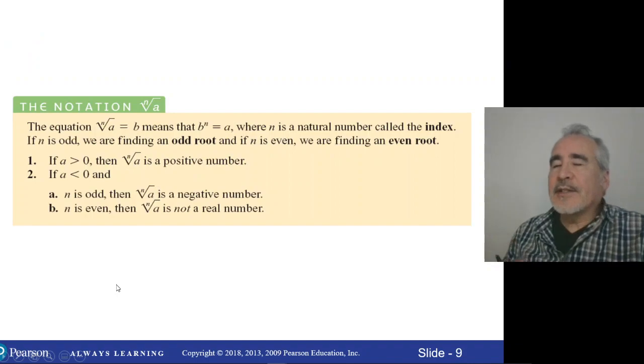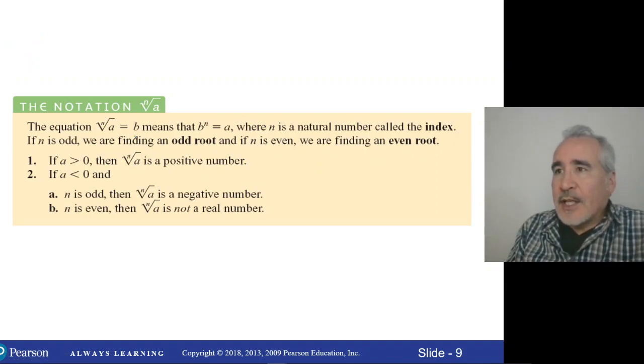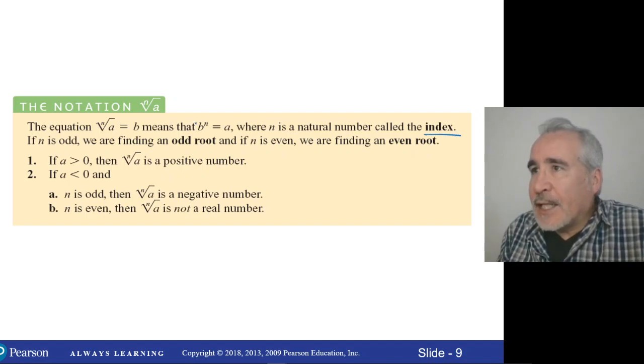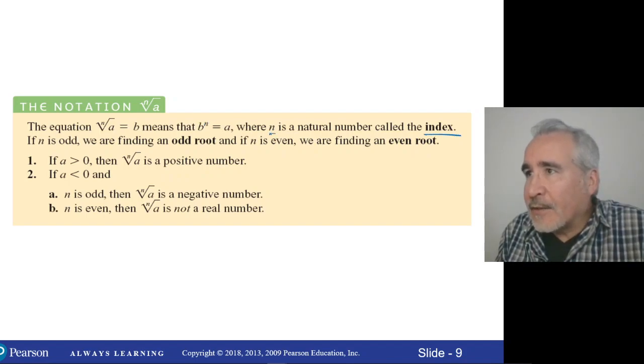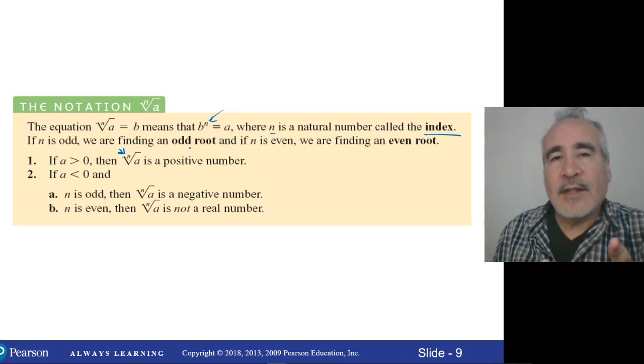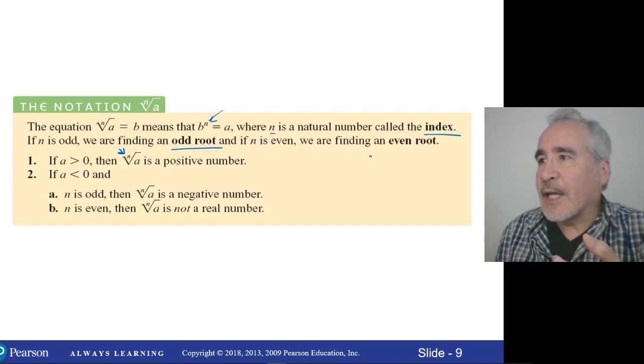Okay, so here's this definition, it mentions this thing called an index. n is the index. So it's the number that's right here. It's also the exponent here. And there are two different things that happen depending upon whether we're dealing with an odd or an even root.